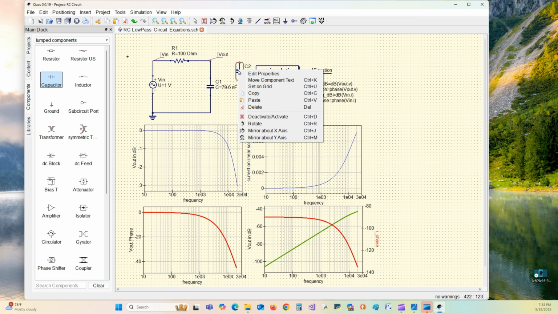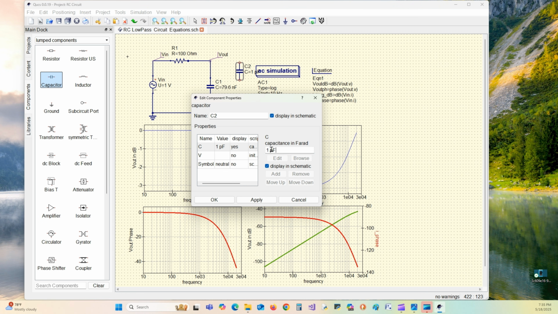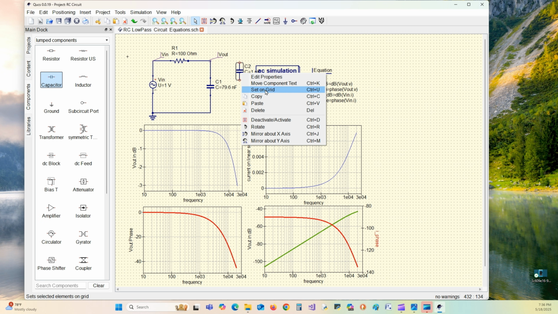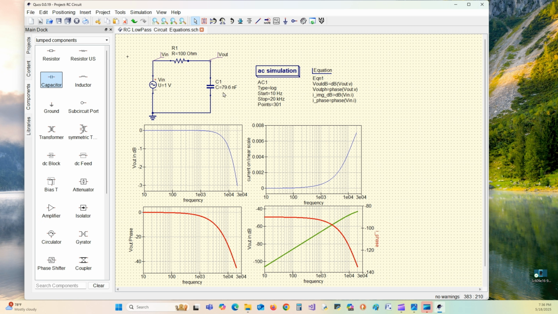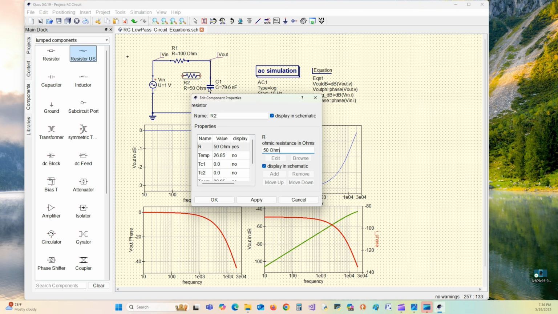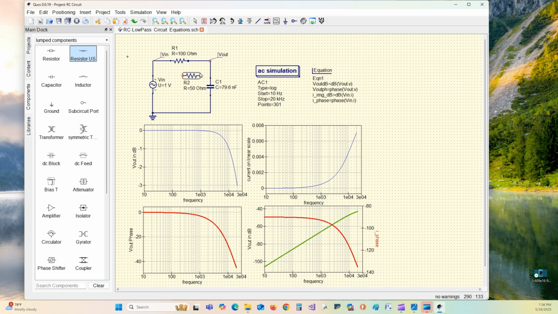And then we would edit the properties and set it to 79.6 nanofarads. We don't need to do that though here. Delete that. We do the same thing with the resistor. Drag it over, drop it, rename the resistors by editing, right click, left click, edit properties, and then assign the resistor value that we want for that.